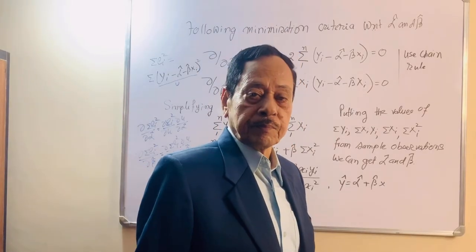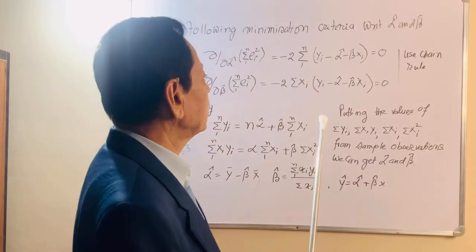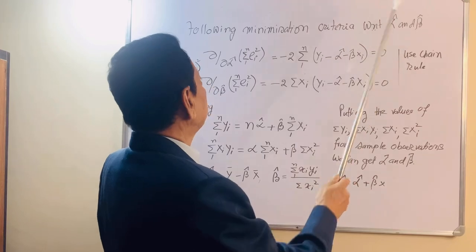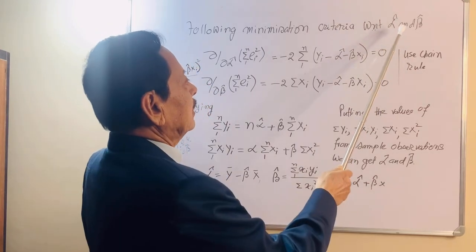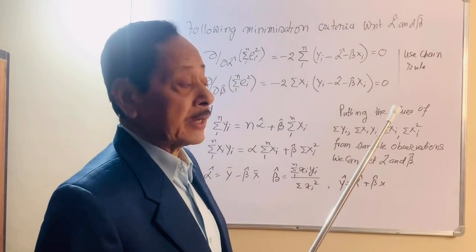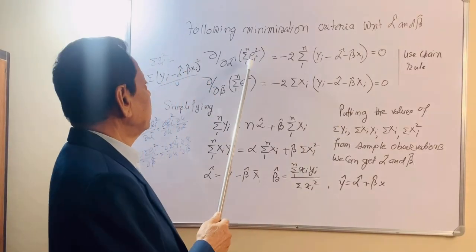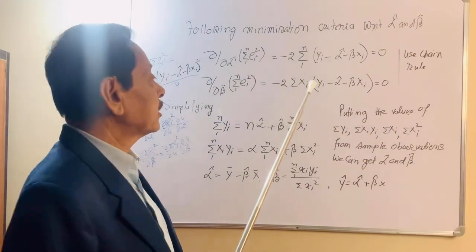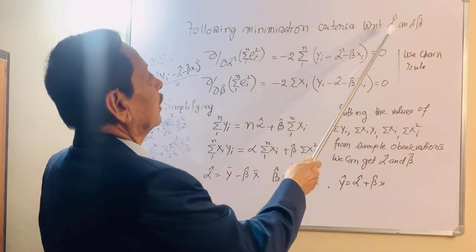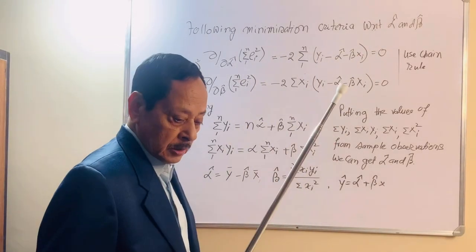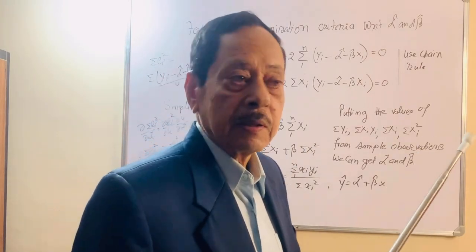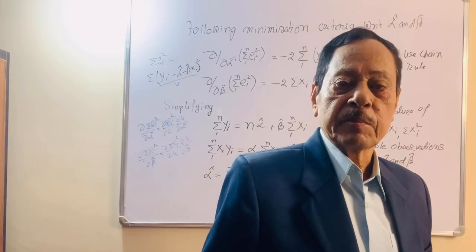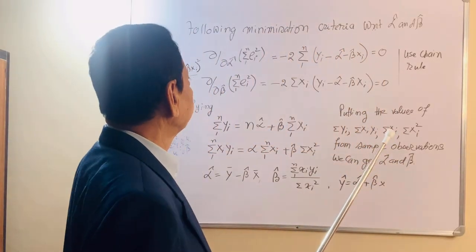So we must follow the minimization criteria with respect to alpha hat and beta hat, estimated alpha and estimated beta. So we'll have to minimize the sum of the square of the error term with respect to alpha and beta. To do this, we must remember the minimization and maximization criteria.